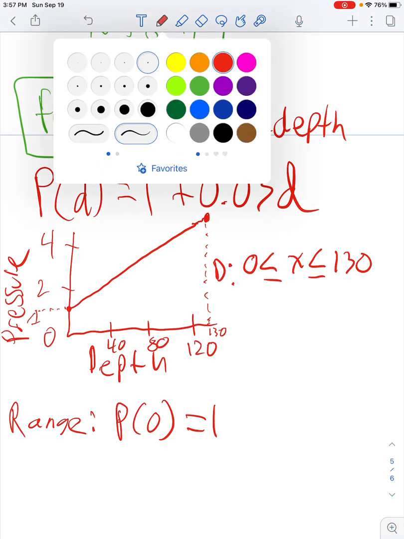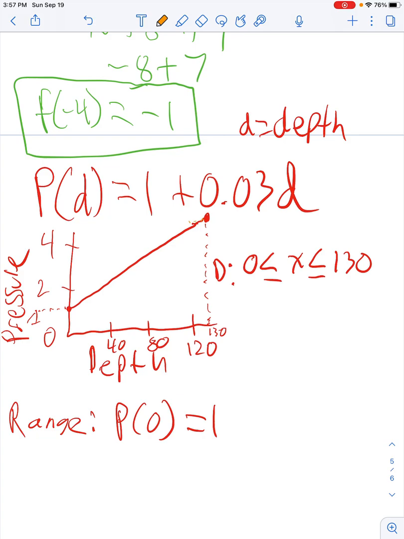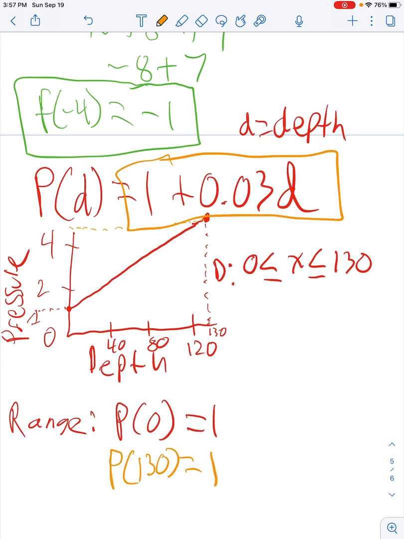And then my maximum value is at x equals 130. We're not quite sure what that is. We've got to figure out what that is. So now we're going to use our equation. What is it at 130? I'm going to take this equation right here, 1 plus 0.03 D, and every time I see a D, I'm going to plug in 130.